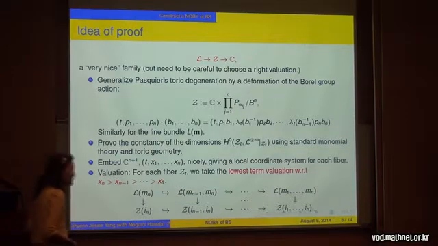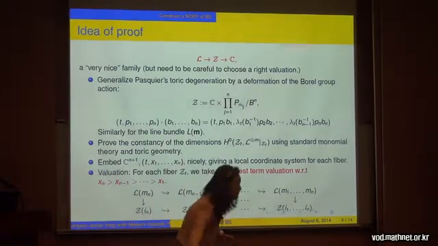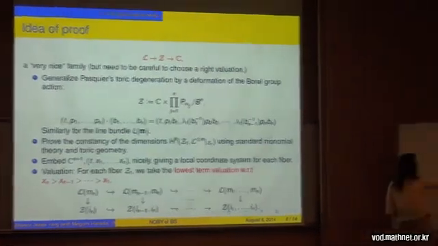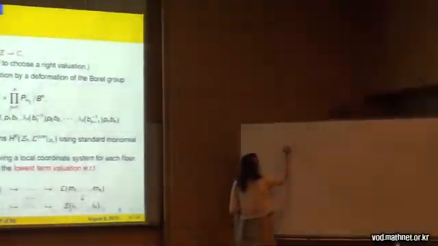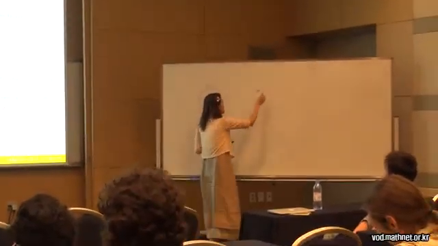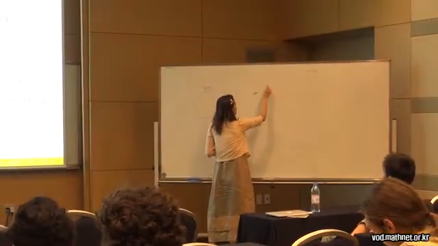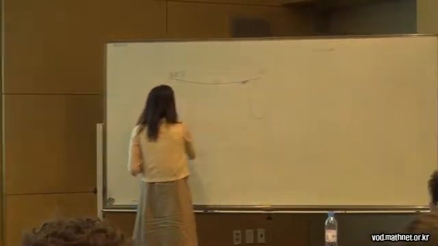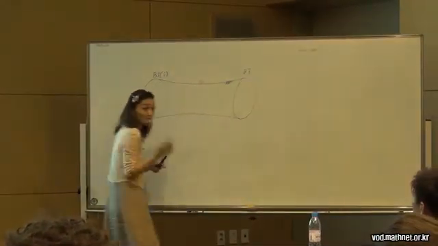So what we are doing is we try to work with two objects. This is the original one we are interested in, the Bott-Samelson variety. And here is a certain Bott tower. And then we construct a one-dimensional parameter family.